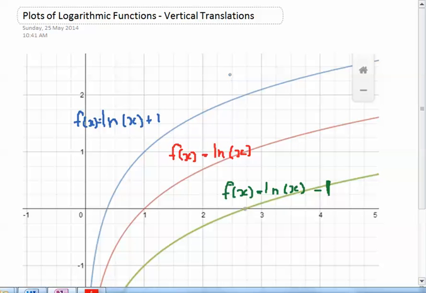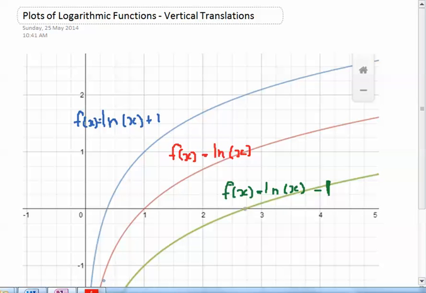Now in this view we're showing vertical translations, and a couple of noteworthy things. As you'd expect with a vertical translation, what you're doing is adding, or subtracting in this case, a constant from your logarithmic function.